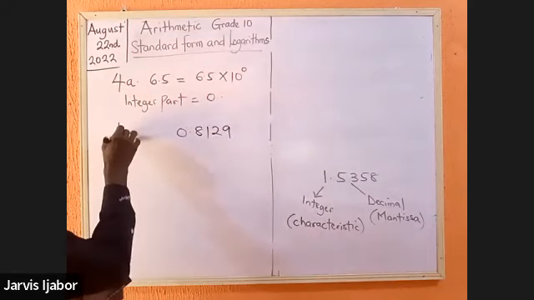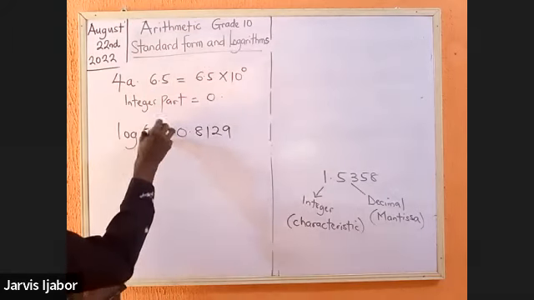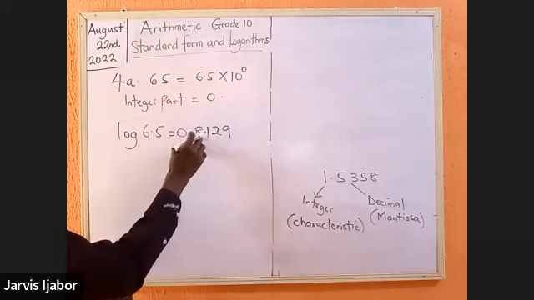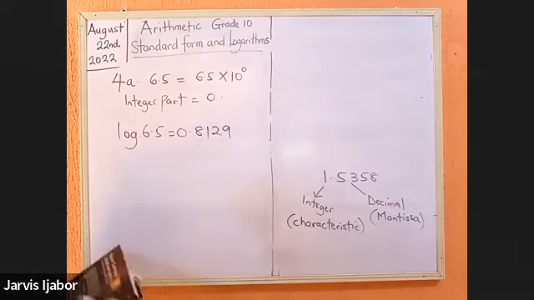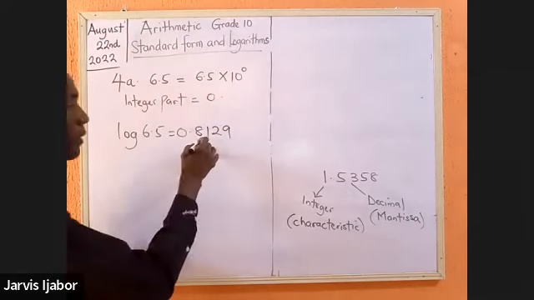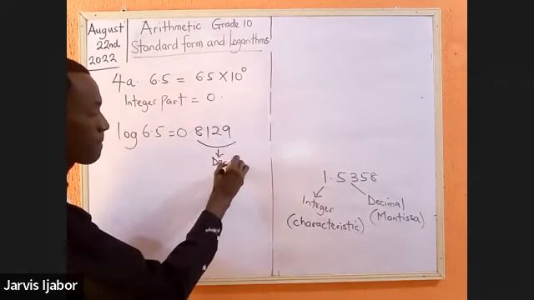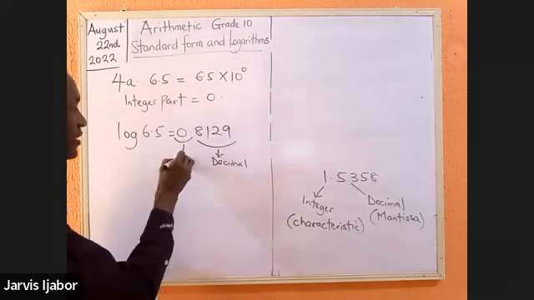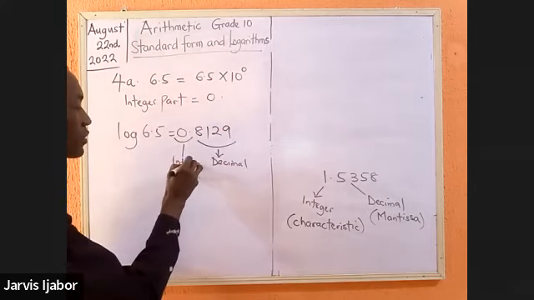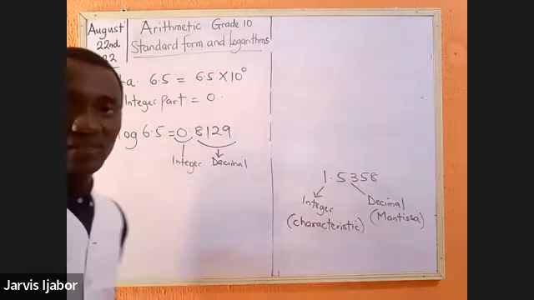So the log of 6.5 will be equal to 0.8129. So it means that the decimal part is going to be this, and the characteristic or the integer part will be this.